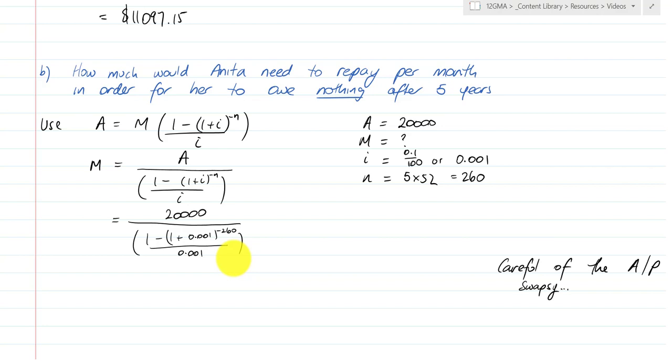I'll evaluate that. I'm going to divide that by 0.001, and then I'm going to divide 20,000 by my answer. Oops, I've just done 20,000 times, divided by my answer. There we go.